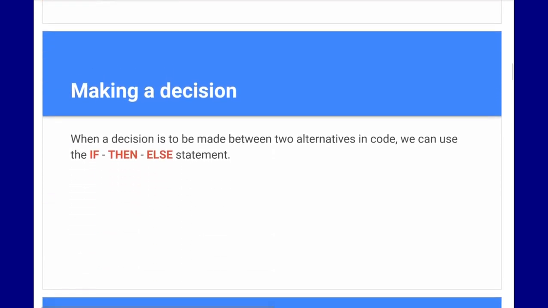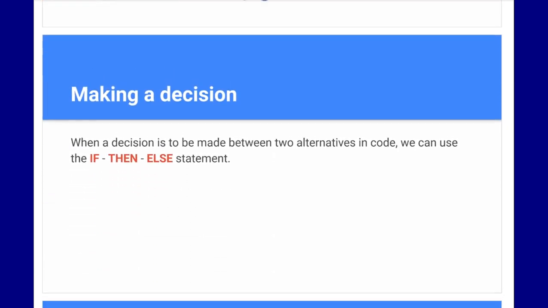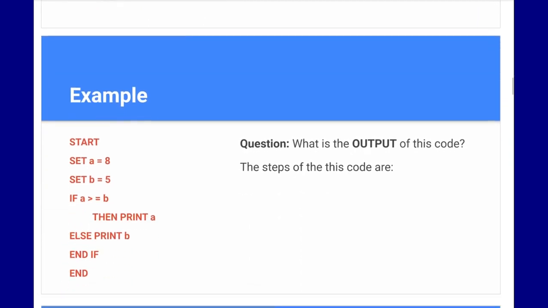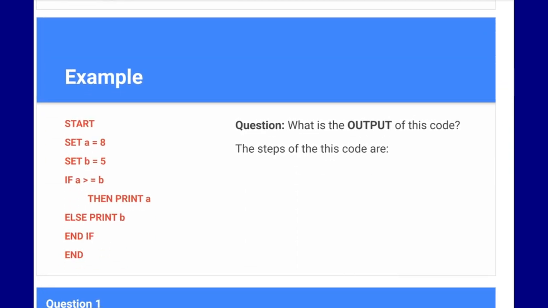If we're making a decision between two alternatives in code, then we use the if, then, and else statement. So for example, start, set A equal to 8, set B equal to 5. It's the same kind of thing as before.